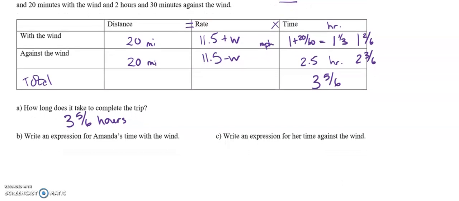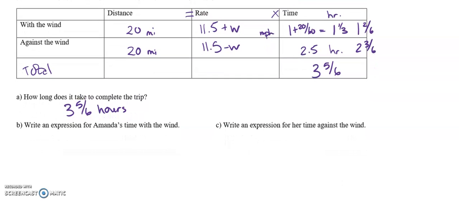Write an expression for Amanda's time with the wind. So if we know that distance is equal to rate times time, here we're writing an expression for the time. So that is going to be the distance divided by the rate. So the distance with the wind is 20 miles.